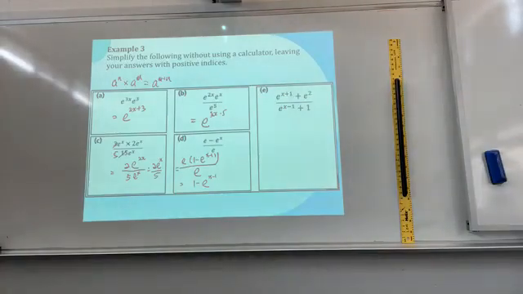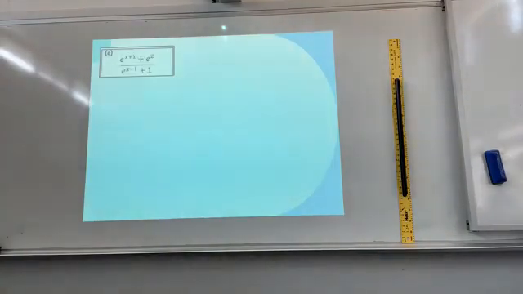So how are we going to do part e? All right? What you need to do in this case, let's think about the denominator first. So I've got e to the power of x plus 1 plus e squared.